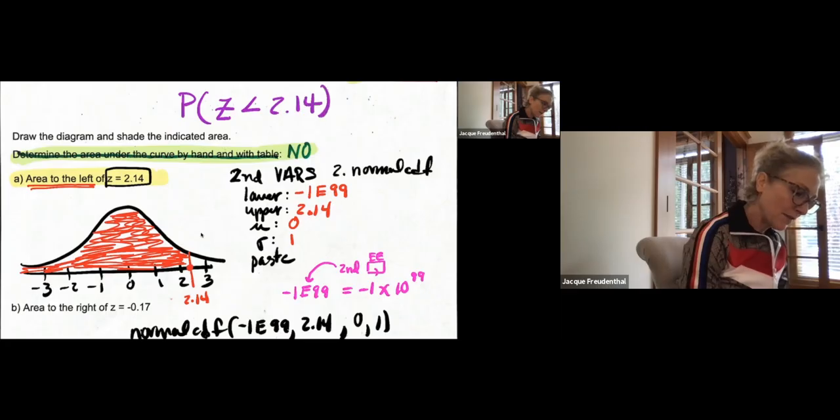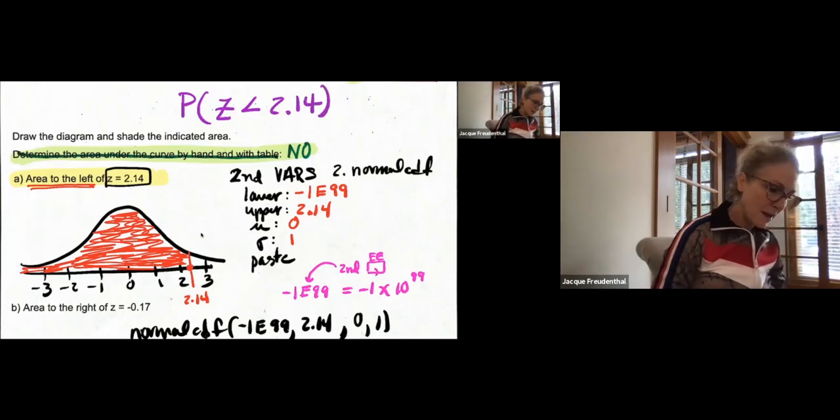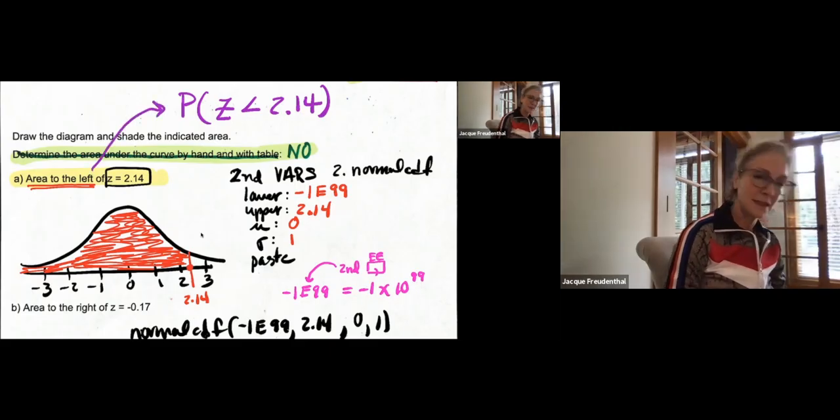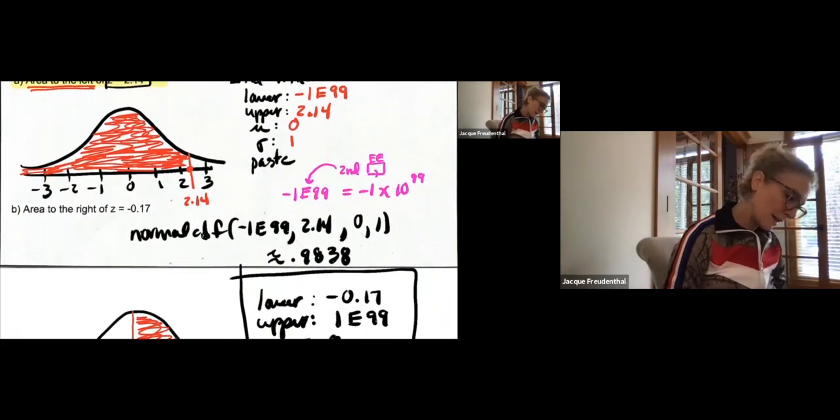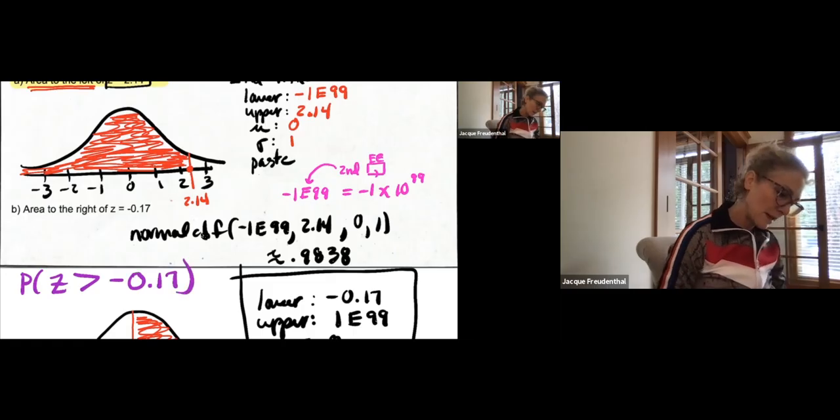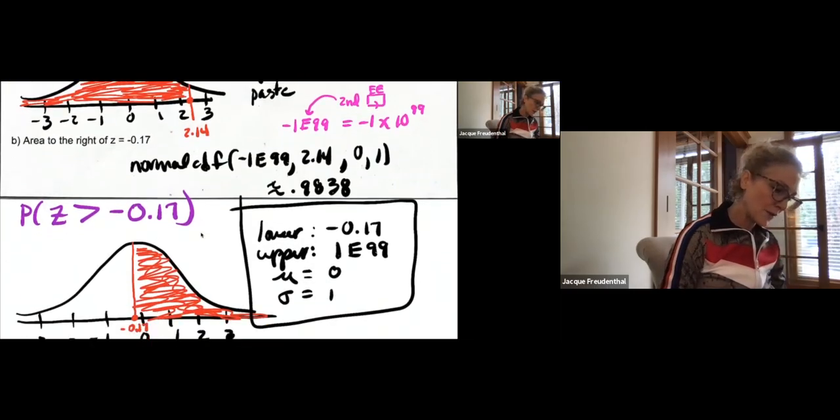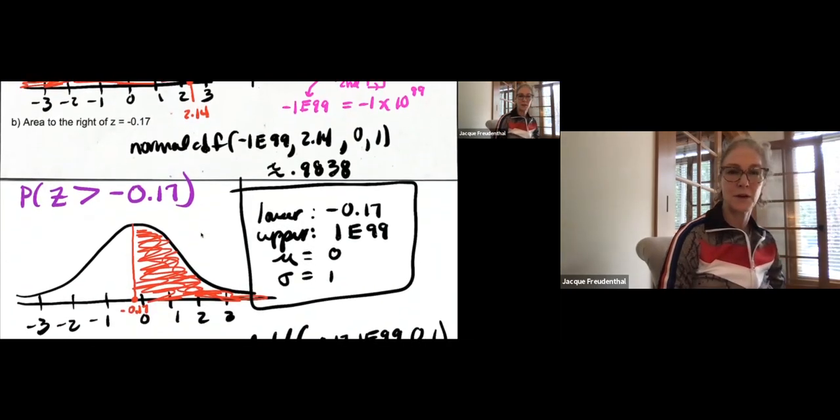We're finding the area where Z is less than 2.14. On the next one, this would be the probability that Z is greater than negative 0.17, because we want the right, so greater than negative 0.17.